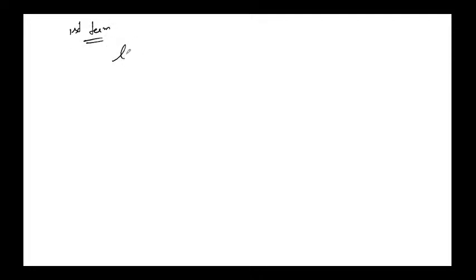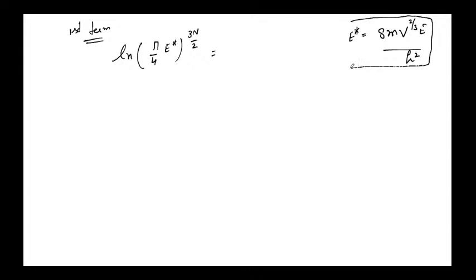So the first term is log of (pi by 4 E star) to the power 3n by 2. We have to put the value of E star. The value of E that we know is 8 m V^(2/3) E over h square. This we have derived yesterday from the kinetic gas laws.